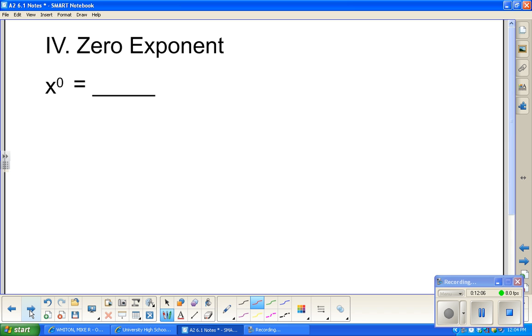It actually is 1, isn't it? You might think it would be 0, but it's really not. If you take a number to the 0 power in your calculator, it's going to equal 1. We'll talk about why in a second. There's a little pattern. If I took the number 3 to the 0 power, it's going to be 1. Okay, what about this?